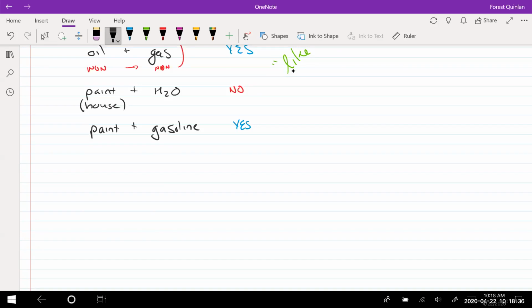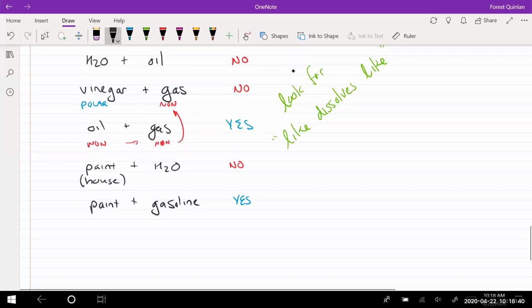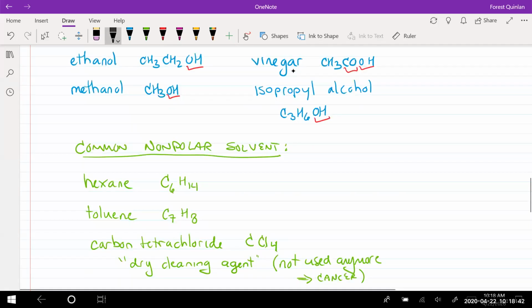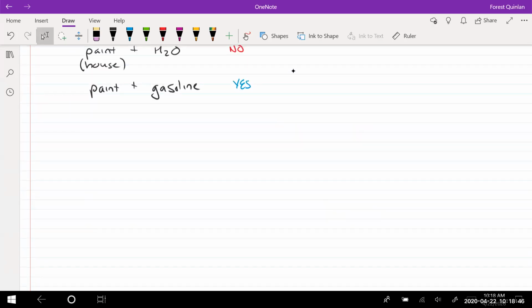Okay. Let me just see real quick. Did I put a big line? Nope, I didn't. All right, so what affects solids in liquids?